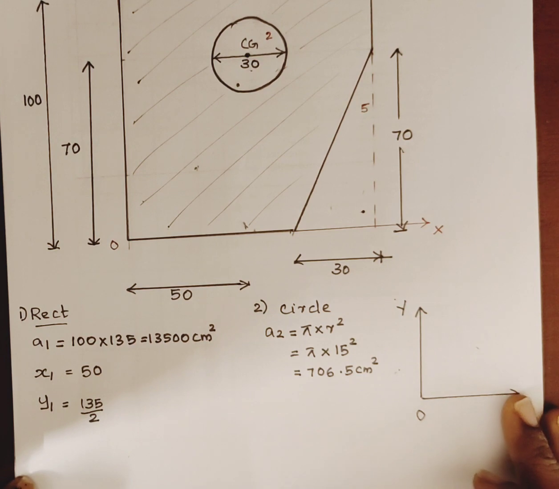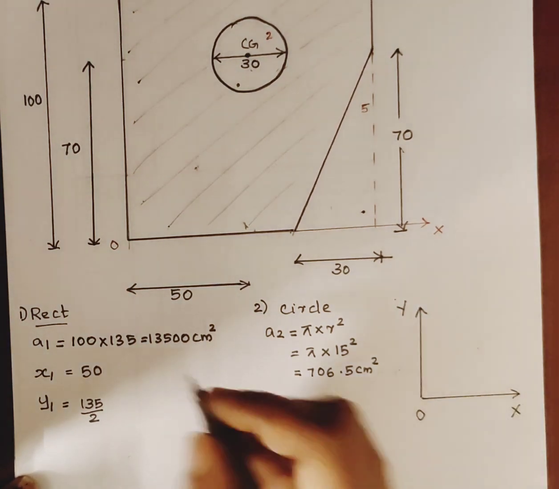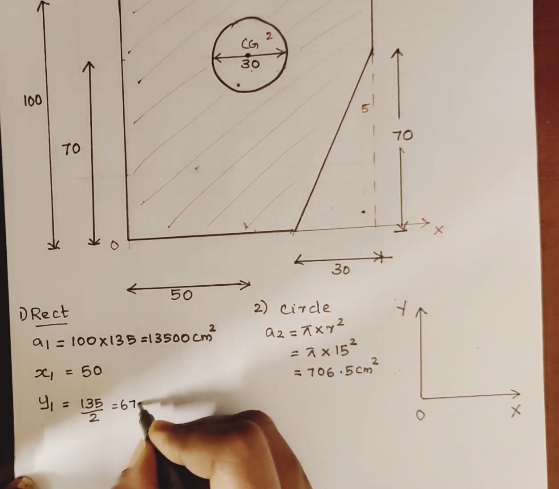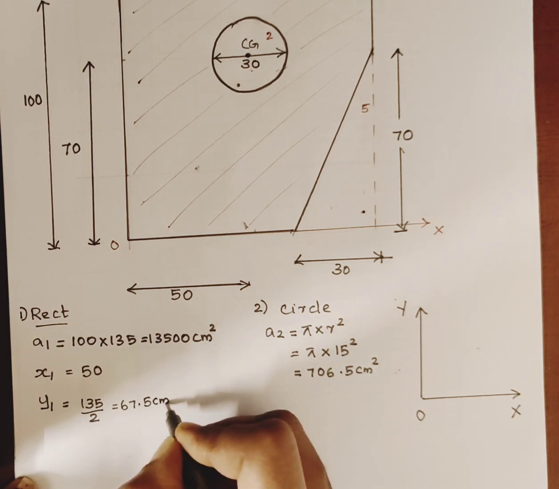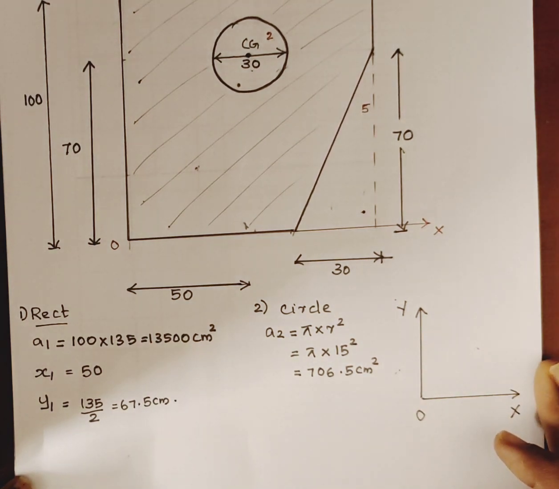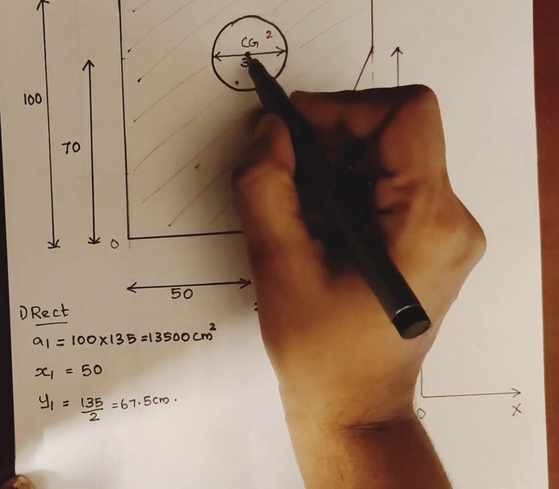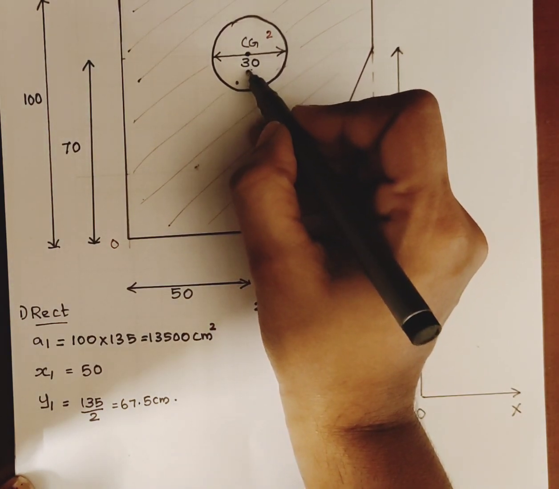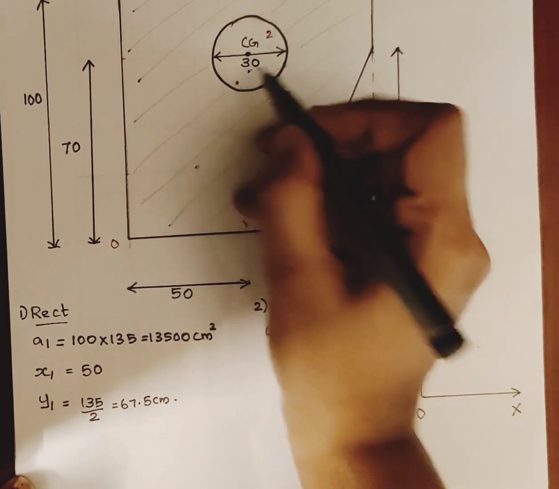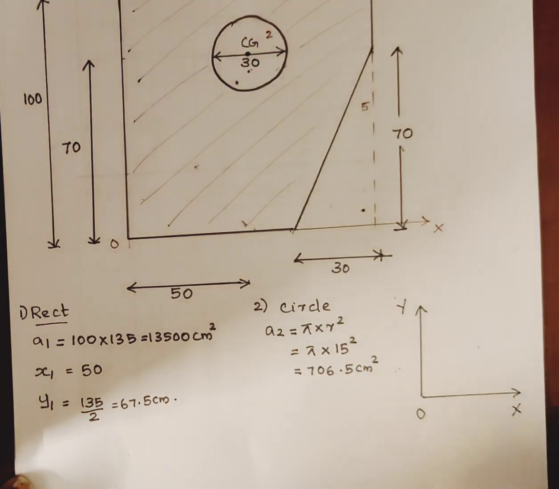So Y1 is 135 by 2, that is equal to 67.5 centimeter. So the centroid is just below this point, and 67.5 is this distance.